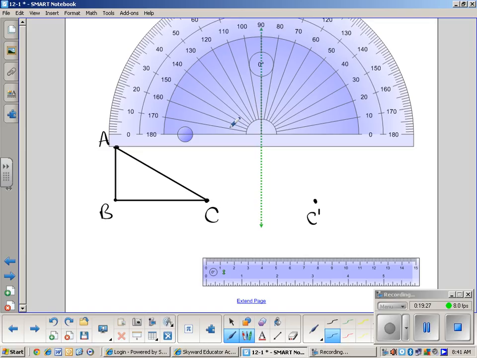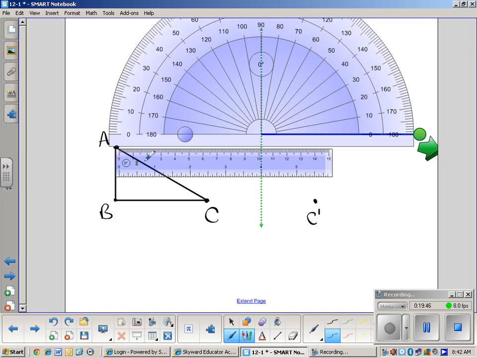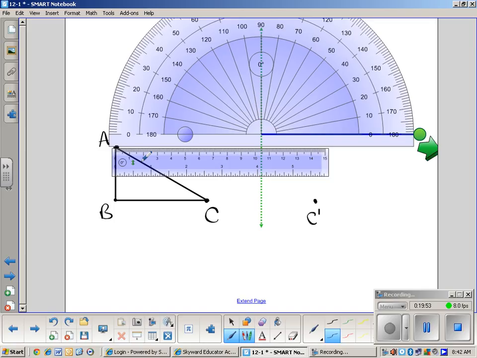You'll see the 90 is on the line, and this right here is on the line. I just draw a line. And if I move my ruler up to there, I get really close to 10.5.